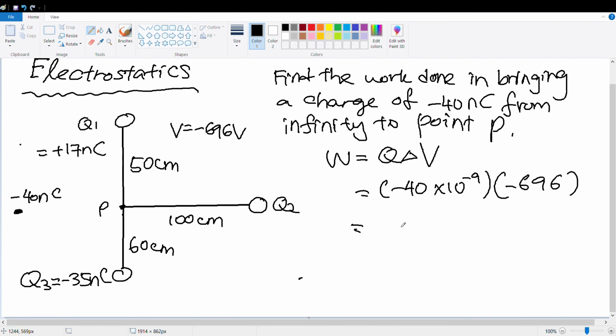So this is actually positive 502.5 volts.